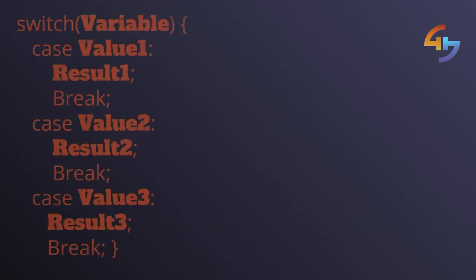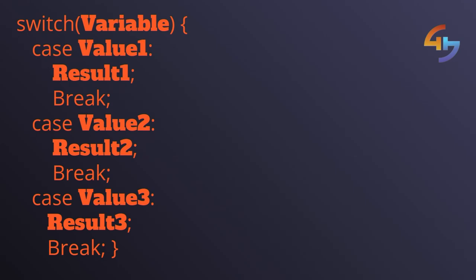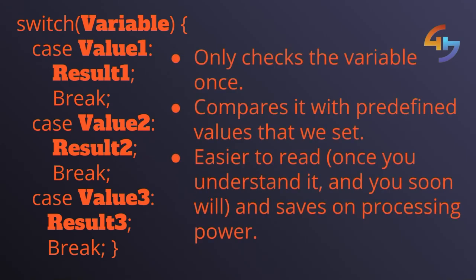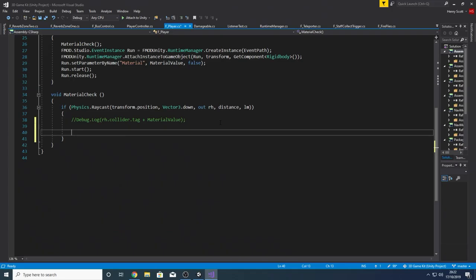So when working with multiple conditions we want to check for, it's better to use a switch statement. This is because switch statements work by comparing a variable with predefined values that we tell it to check for, and then producing a result when it finds the value that the variable is currently set to from the list. Here's how they work. First, we write the keyword switch, followed by two brackets.